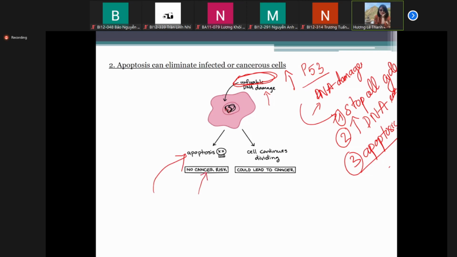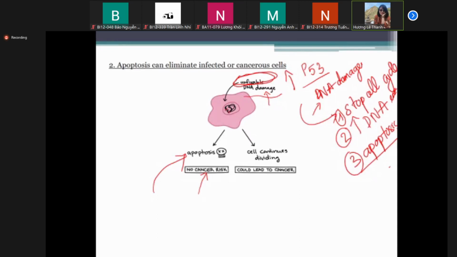If the cells do not follow the P53 command and do not die, the DNA damage can pass to the next generations of cells, which are pre-cancerous cells.